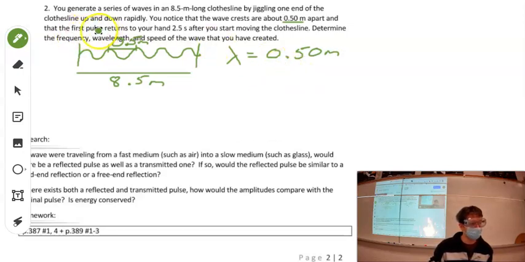And this says the first pulse returns to your hand 2.5 seconds after you start moving the clothesline. Okay, well, if it goes from here over here, let's just follow the first pulse, and then comes all the way back to your hand after 2.5 seconds, well, we can calculate the speed of that wave.